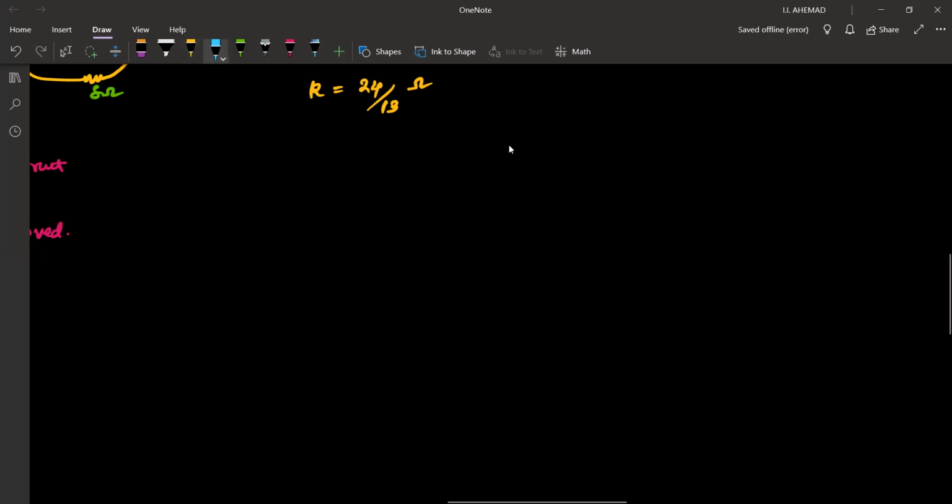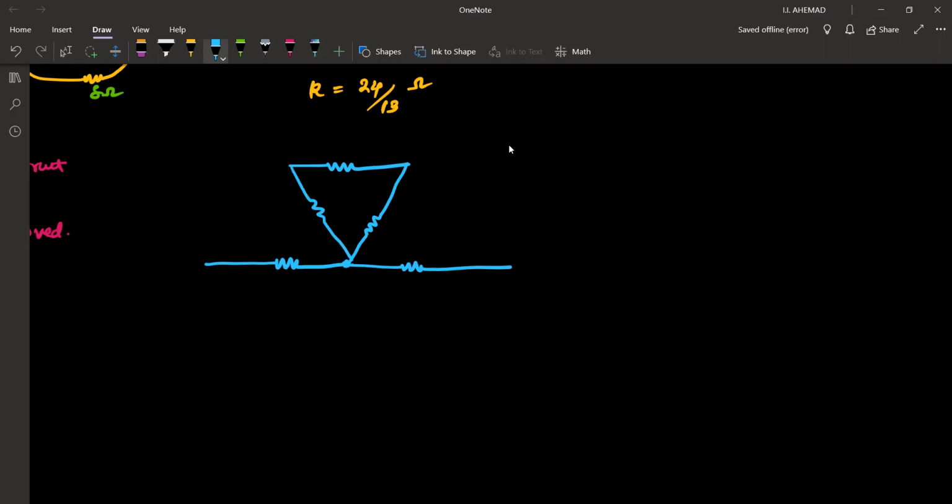Okay. Now, don't draw this. Now, can you identify any of the resistor that is in series or parallel?